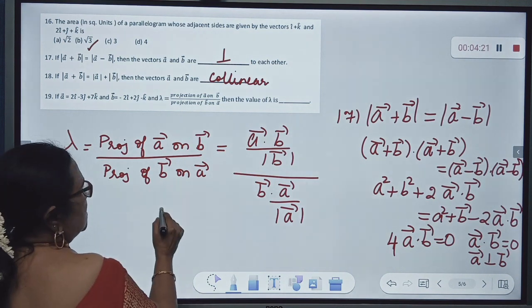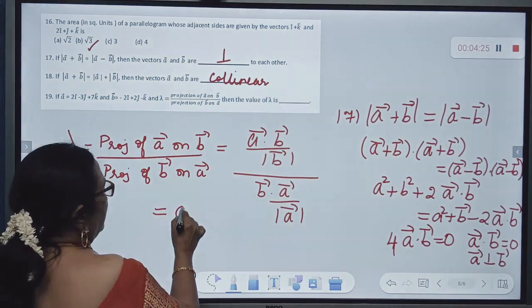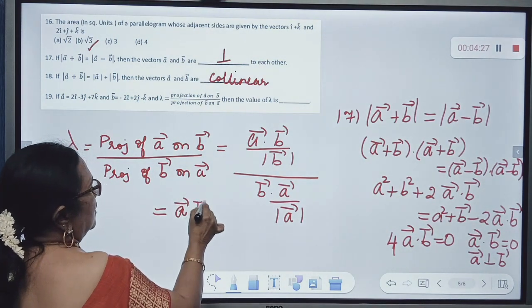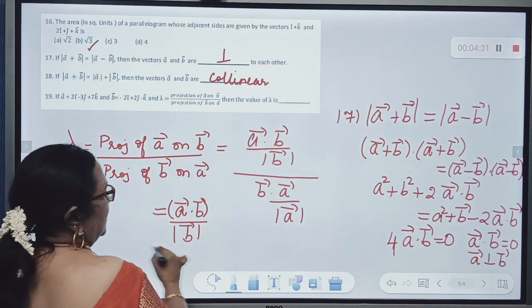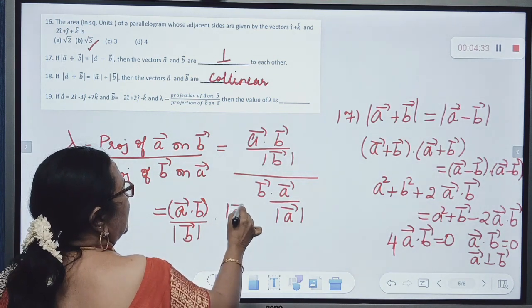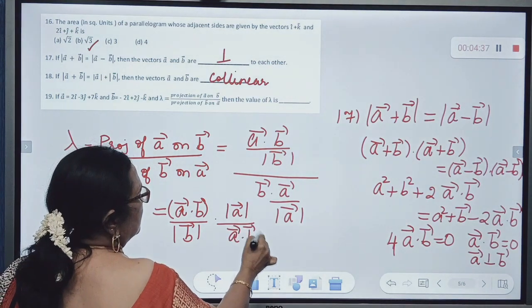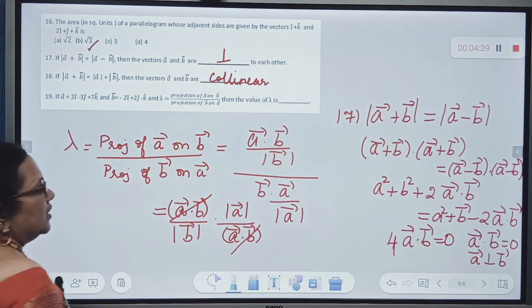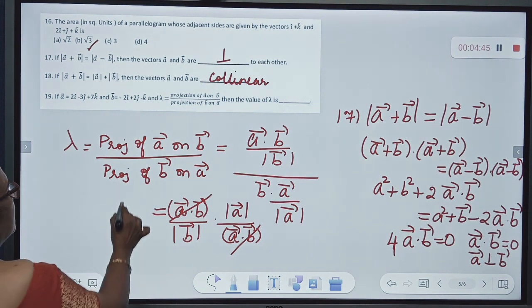You know that A dot B is the same as B dot A, because the dot product is commutative. So it is just modulus of A by modulus of B, which is lambda.